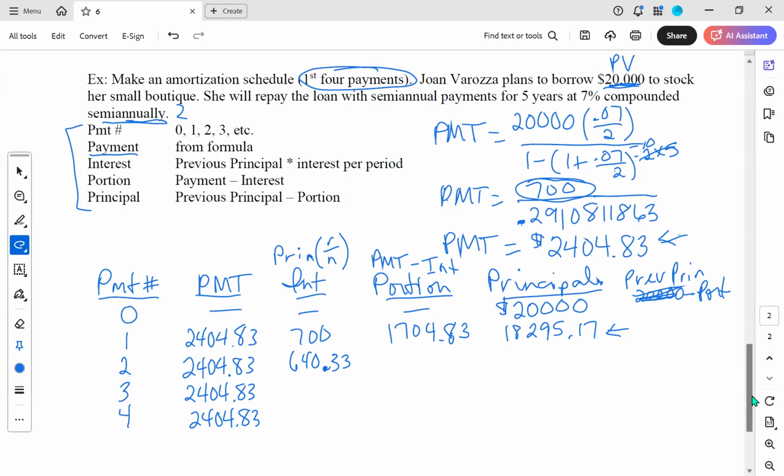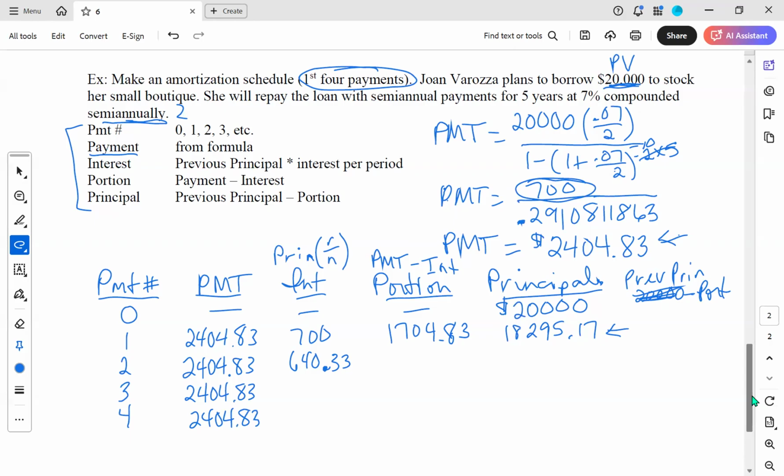So to find our new portion amount, we're going to take the 18,295.17 and subtract the $640.33. No, sorry. To get the portion, you're taking your payment minus the interest amount.